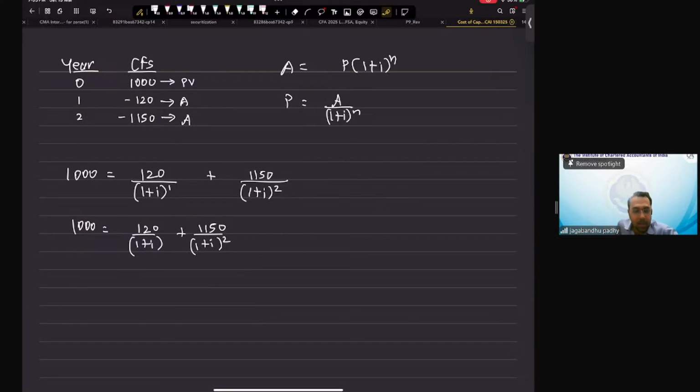Then how do we go about getting the value of I over here? Forget that you can solve quadratic. What if it's a cubic equation or an equation raised to power 5? You cannot technically solve it. So how do we go about calculating the value of I?